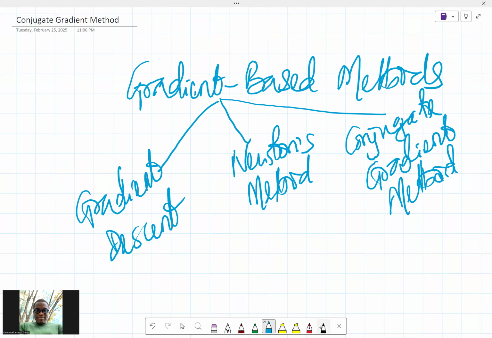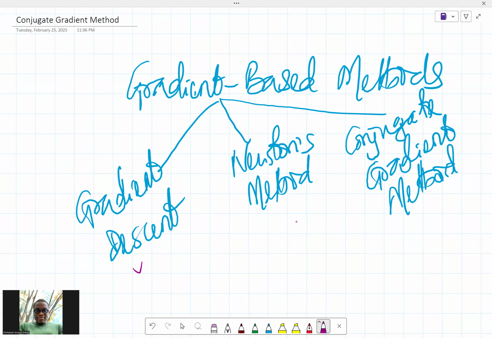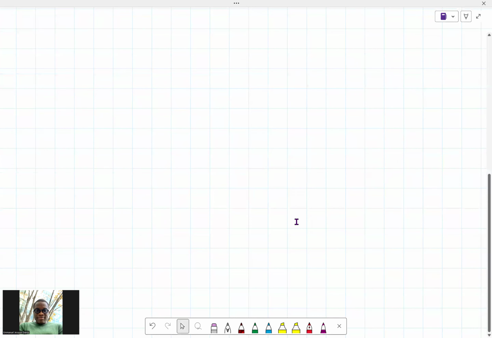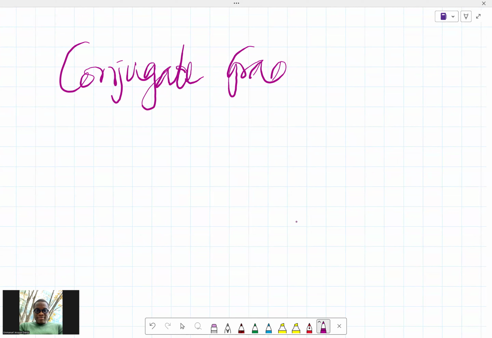Like I said, so far we have seen gradient descent and Newton's method. Now we're going for the conjugate gradient method.